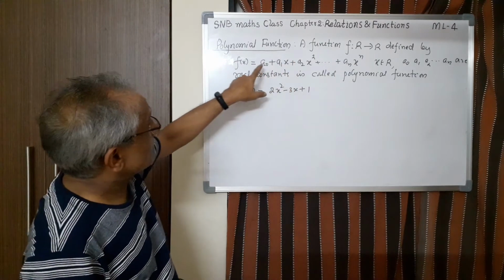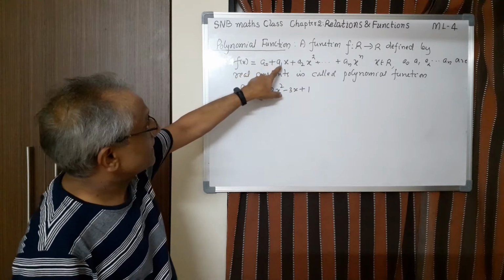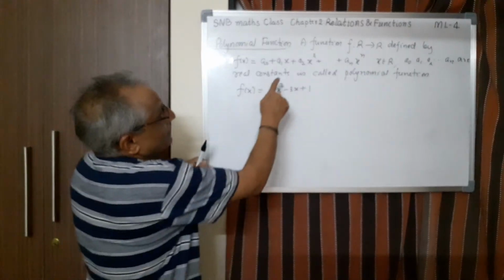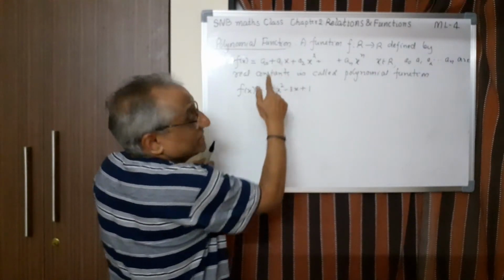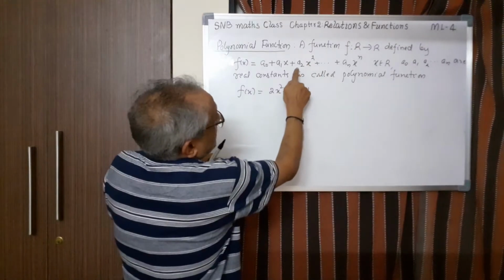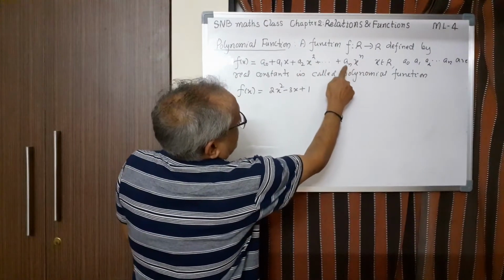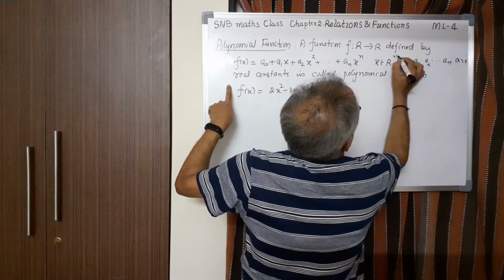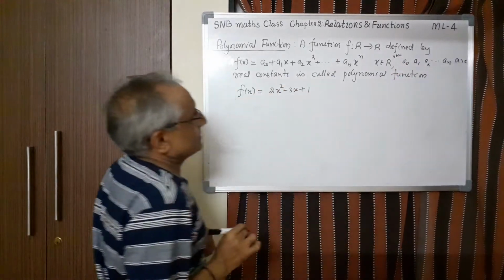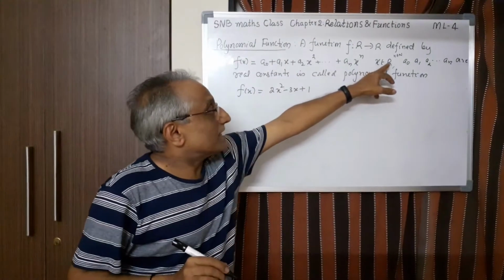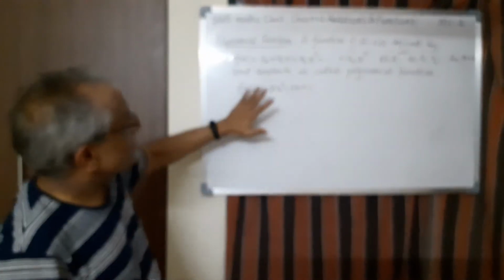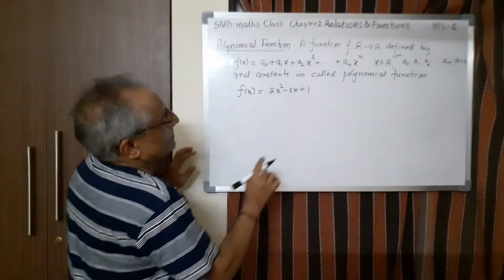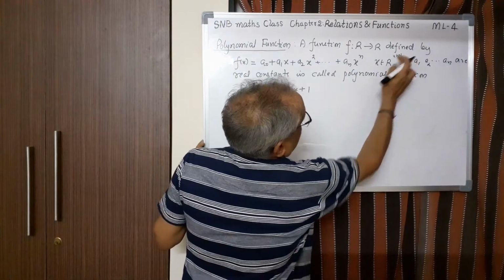But in the definition, normally we take a naught, a1x, because there is a relation: here power is 1, here a1, so it is easy to remember. Power is 2, a2. Power is n, so an. And one more condition is that n belongs to N. N should be a natural number. So this is called a polynomial function.